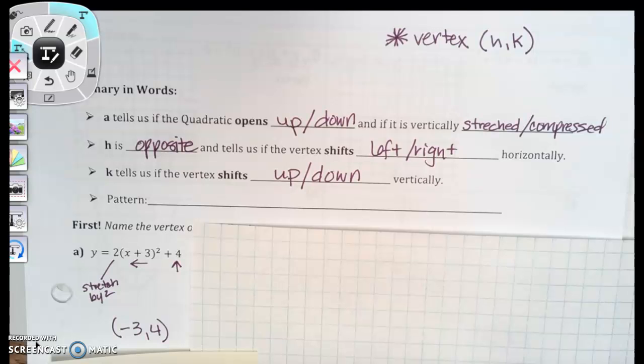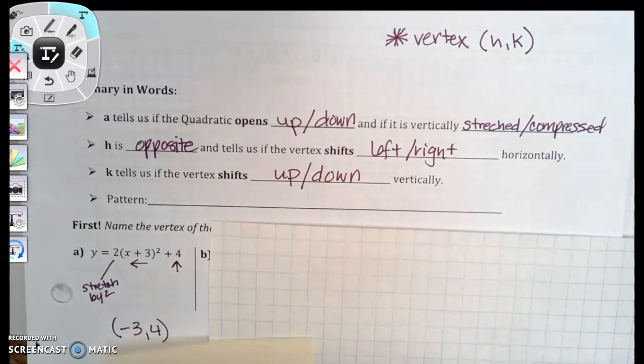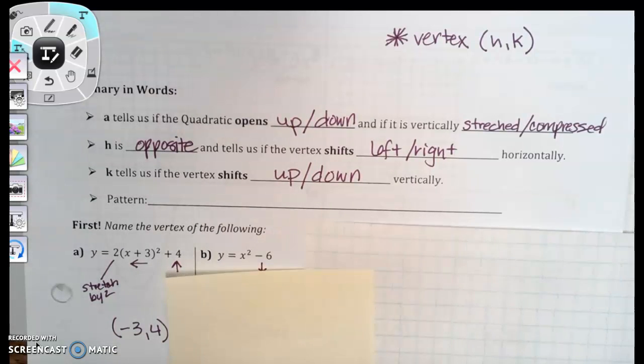Then there's an arrow pointing up because that's going to move your vertex up 4 units. Any questions on A? We're good. Awesome.